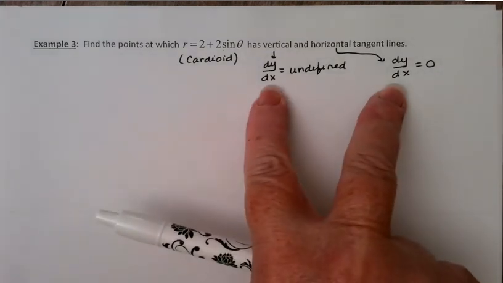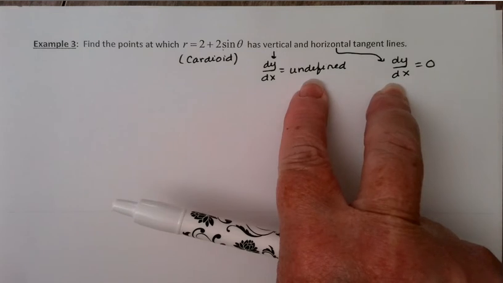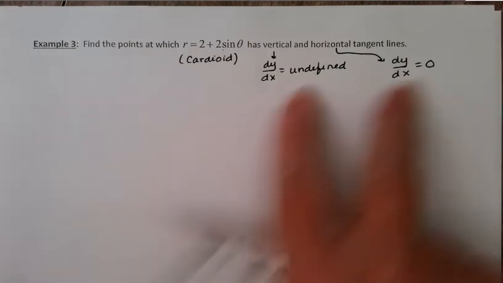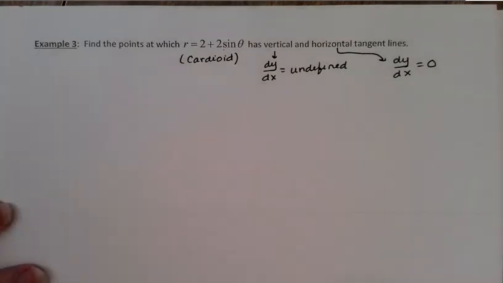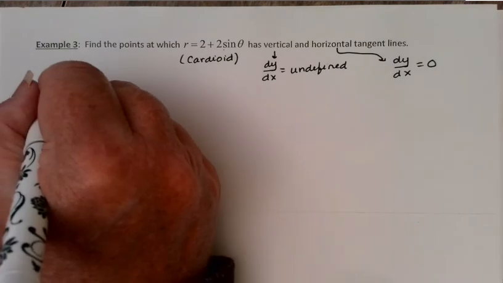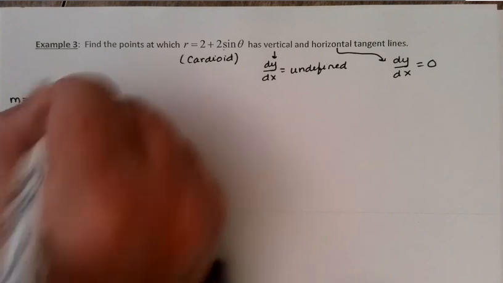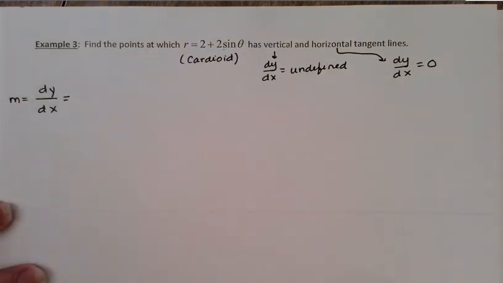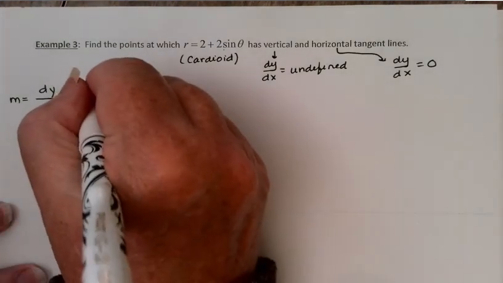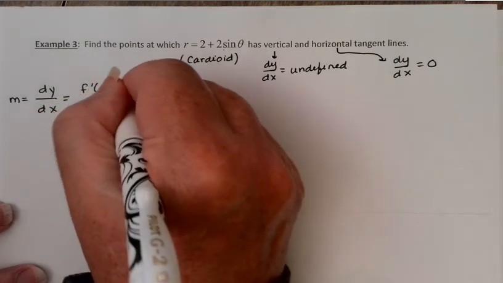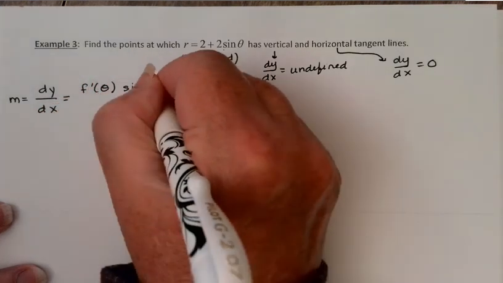So if I can find an expression for dy dx, which we can, we'll figure out where that's undefined and where it's 0. So here we go. Again, the slope dy dx, using our slope formula for polar functions. And again, I'm just going to quickly write it down here because it's on another page.